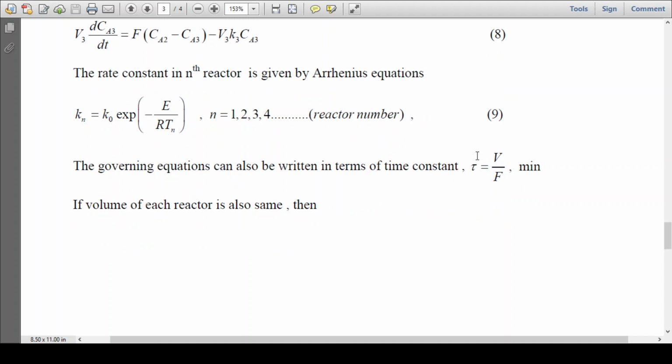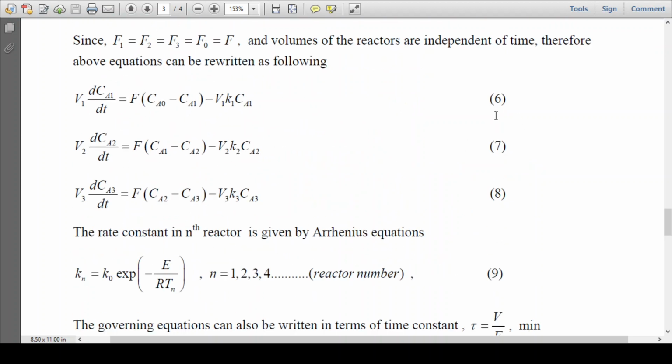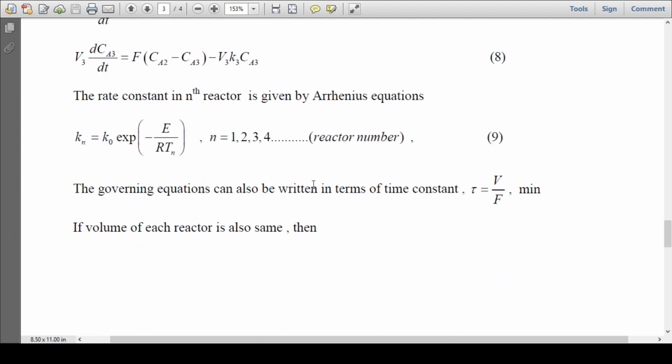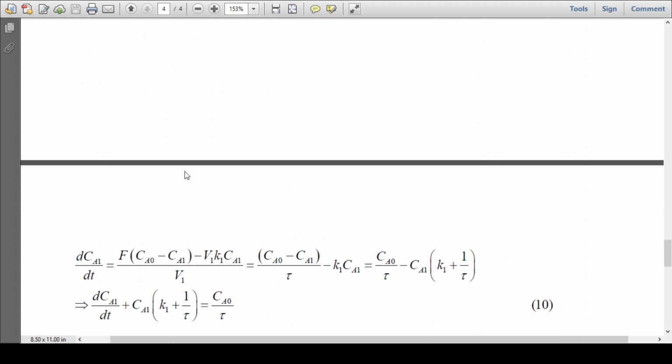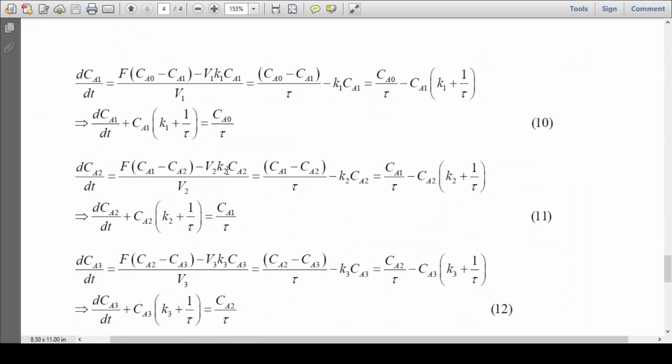The time constant can be calculated as tau equals V by F in minutes, and equations 6, 7 and 8 can be rewritten in terms of time constants. The V from this side will come here, and these terms can be rearranged into this particular format, and then we can substitute the expression for tau.